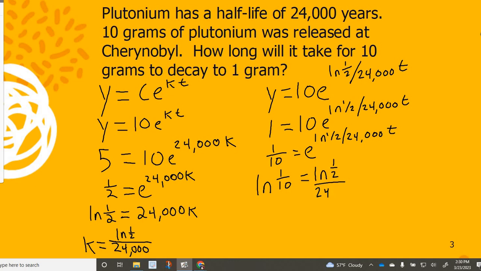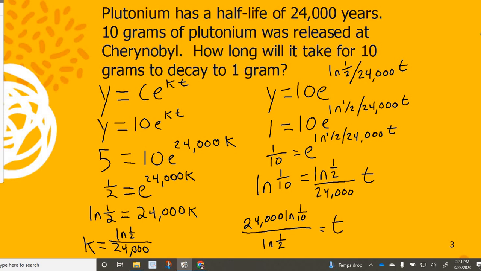And then multiply by 24,000 over the natural log of 1/2, right? To get rid of both. I mean, you could do it as 2 steps, but it's easier just to do it by the reciprocal of that fraction. So we end up with 24,000 times the natural log of 1/10 divided by the natural log of 1/2.